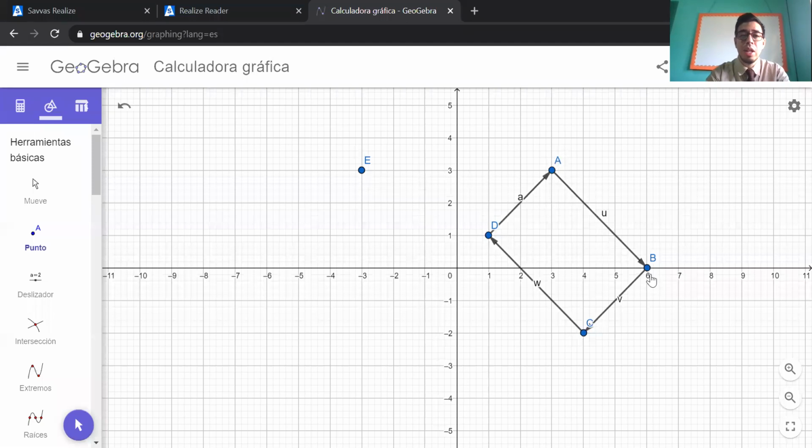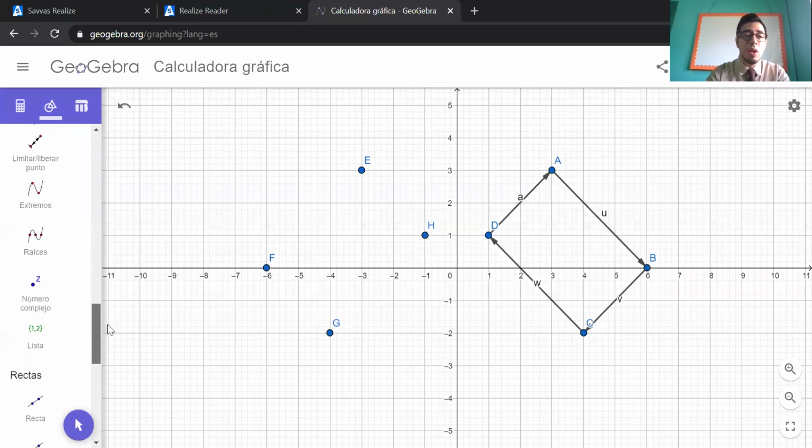B is positive 6, so obviously in here it is negative 6. C is 4, so it's going to be located at negative 4 for X. And D is 1 and 1, so negative 1 for X and positive 1 for Y. Okay. So I only complete the figure.